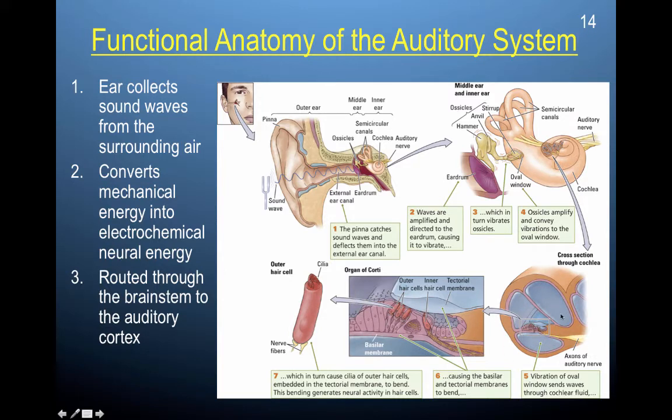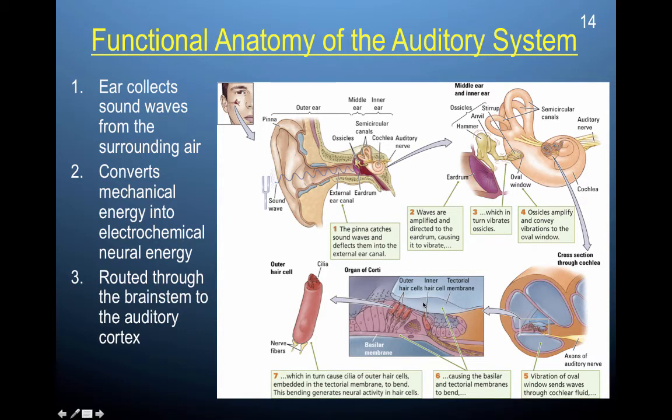Then when these waves are sent out through this fluid, you have these hair cells that have their little tips up here in this fluid. When the waves occur, they move from the vibration, and you have your receptor cells, which have their little tips right up here inside this fluid.